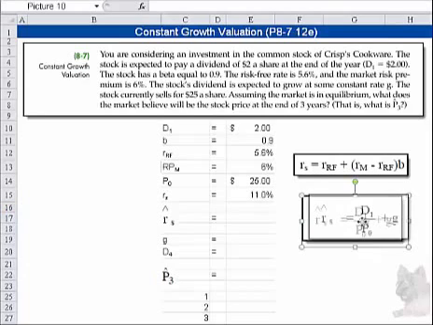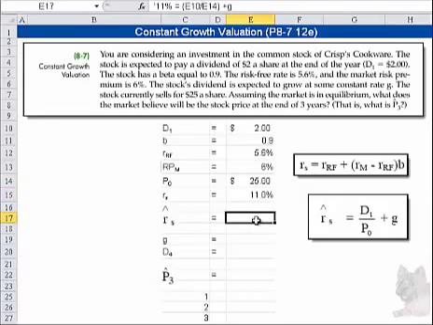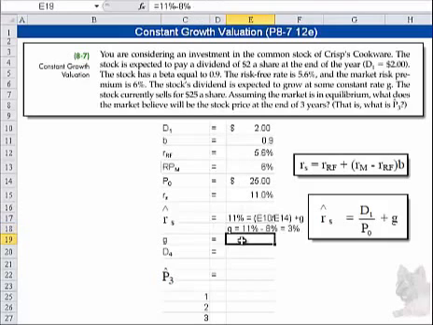Now, we have all that information, right? If we're in equilibrium, the expected rate of return is equal to the required rate of return. So we just jot in this formula because we're going to solve for G. That's what we need to know.